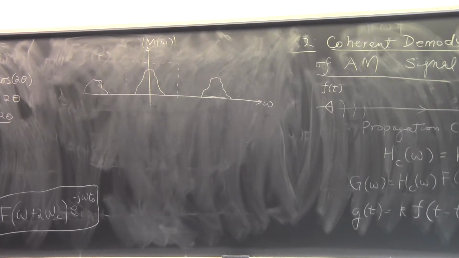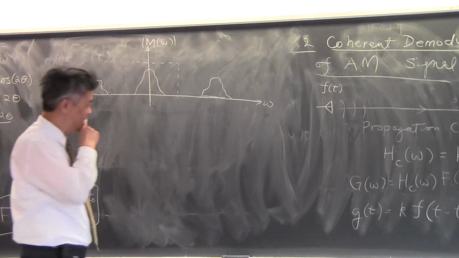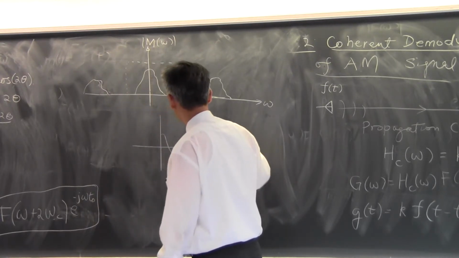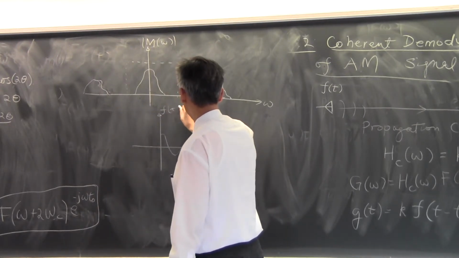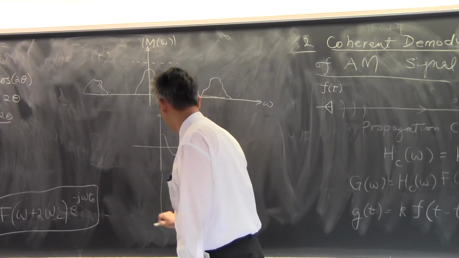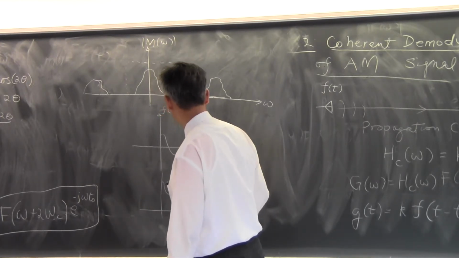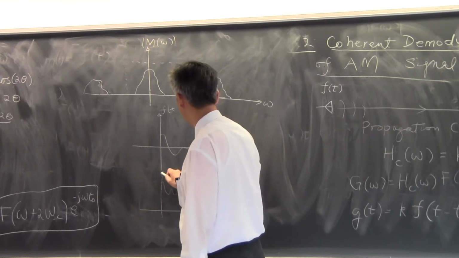So the idea is that you have a voice signal coming in. You add a constant to it. You add a platform to the voice signal so that it never goes through 0.